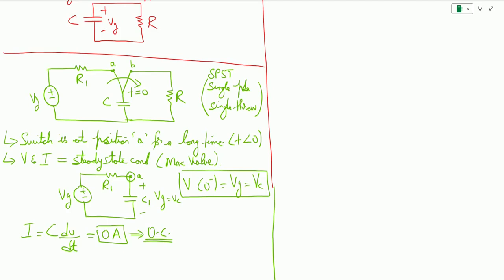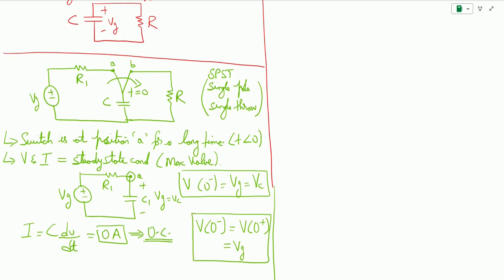And we know from our previous understanding of RL circuits that in order to avoid the abrupt change, we always make use of special kind of electronic switches such that the initial condition V of 0 negative equals the final condition V of 0 plus, and for both these cases the value will come out to be the source voltage Vg.